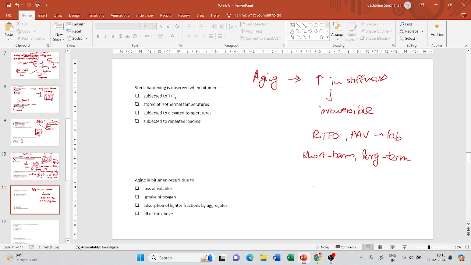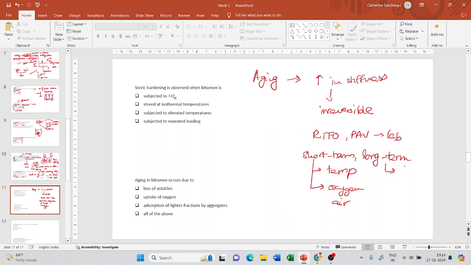One main factor for short term aging is mainly temperature and presence of oxygen or air. So the material undergoes oxidation, because of which new chemical compounds are formed, or the chemical composition changes. So this happens in short term aging.